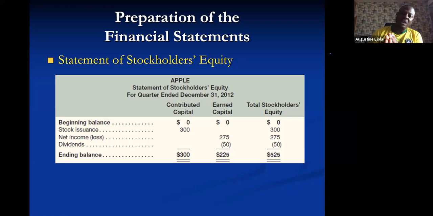But in real life, sometimes dividend can affect your owner's equity in another way. It is possible for you to pay dividend from prior years. So all these retained earnings that you earned over the years, you can decide, okay, this year, let me pay dividend out of them.